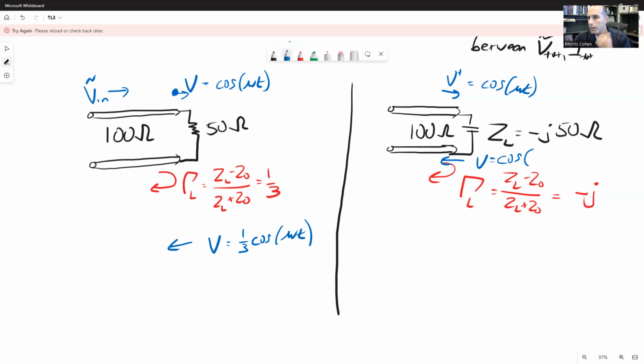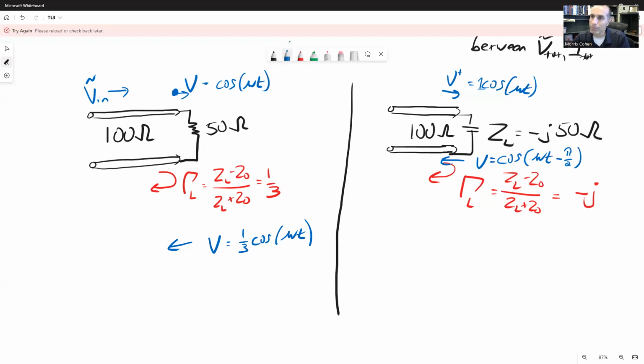Now the magnitude of this reflection coefficient is 1. So we're not going to scale this amplitude here, this 1 right here. We're not going to scale that at all. But we are, however, going to change the phase. In fact, we're going to subtract 90 degrees of phase from the reflected wave. So this is going to be omega t minus pi over 2. Pi over 2 being 90 degrees of phase shift, except in units of radians.